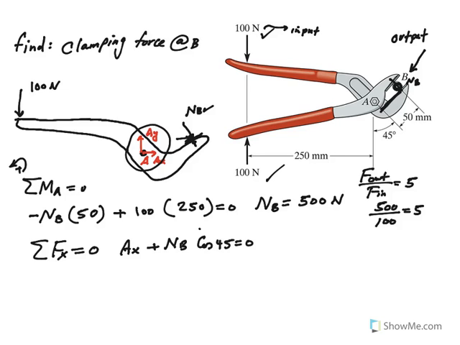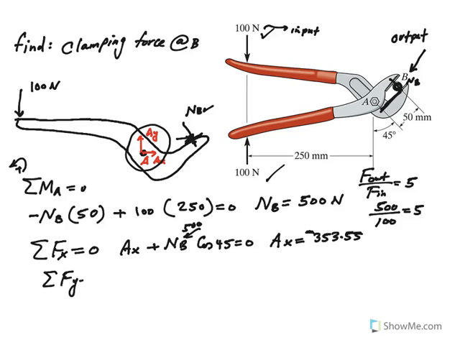Therefore, if you put the 500 here, AX happens to be, let's see, 353.55, right? In the negative direction, right? But the negative just shows that the direction has to switch.